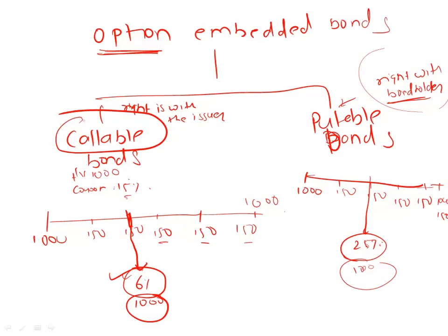So this callable bond is nothing but a simple bond plus an extra feature, and this extra feature is called a call, or at times you also call this a call option. This puttable bond is nothing but a regular bond.